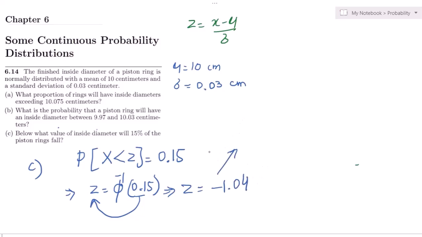Okay, we have got this value. In order to convert it to the relevant x value, we knew this formula. From it we can very easily see that x is equal to mu plus z multiplied by sigma. So the value of mu is 10, the value of z is minus 1.04, the value of sigma is 0.03.